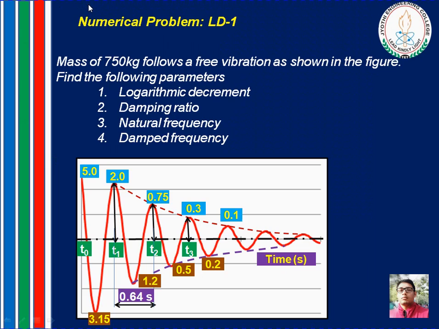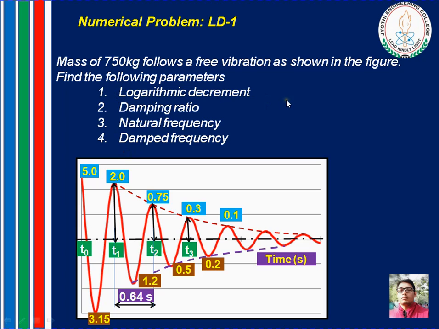Now let us solve a numerical problem based on the subject we studied. A 750 kilogram mass is oscillating as shown in the figure. Here the amplitudes at points 1, 2, 3, 4, 5 are given. The time taken for one complete oscillation is also given. So how do you use this data to get these 4 parameters?